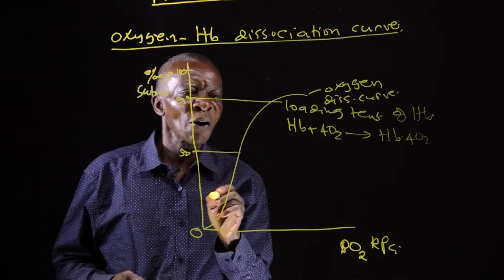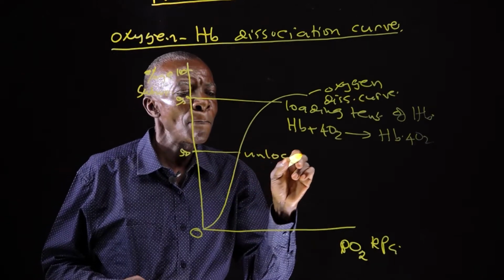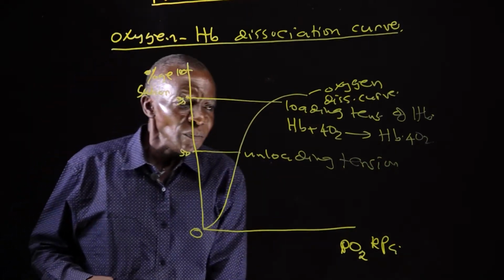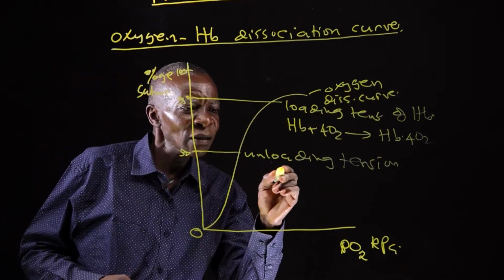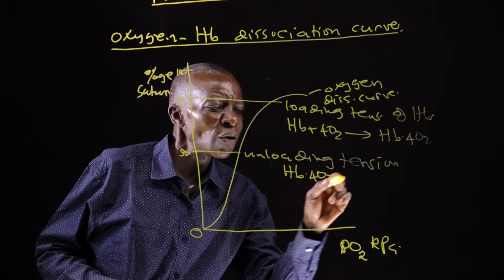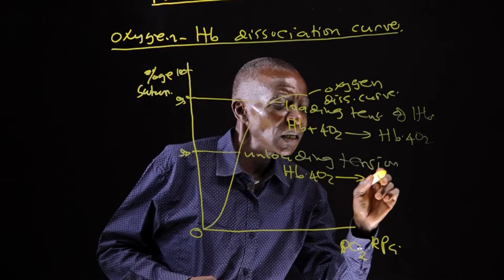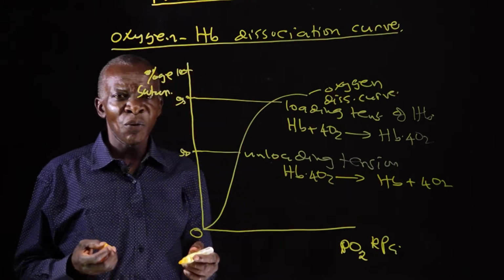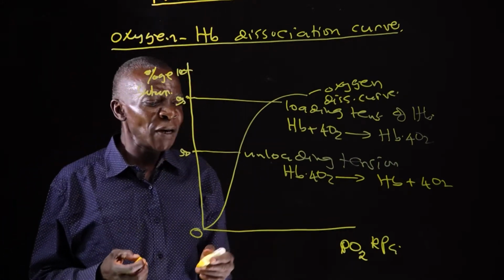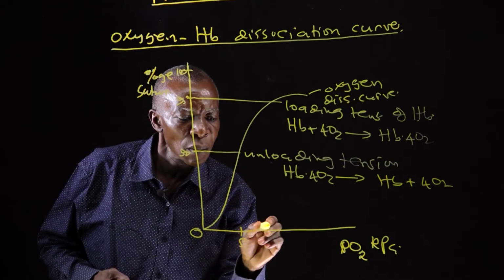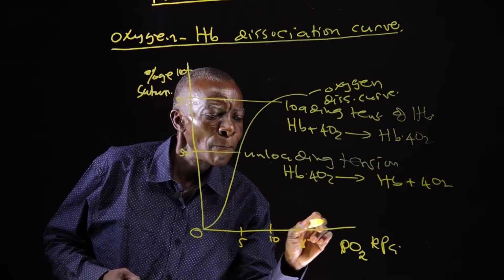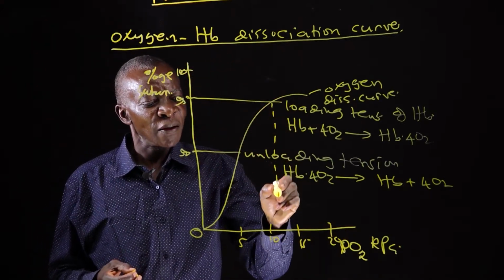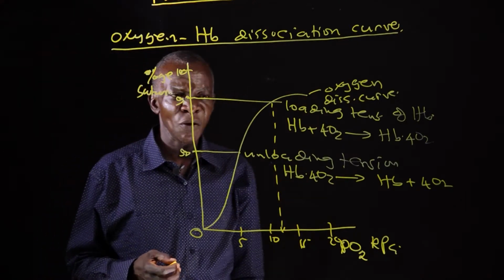Here we have the unloading tension. It means it is at this tension where this oxyhemoglobin dissociates into free hemoglobin and molecular oxygen. Well, you can see that hemoglobin loads oxygen at this particular tension or partial pressure.